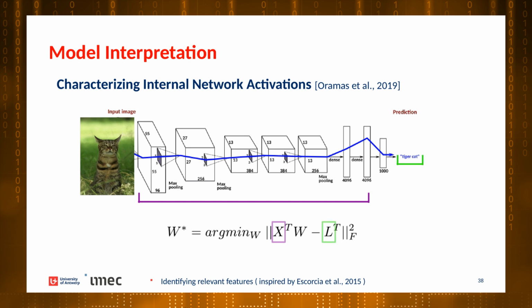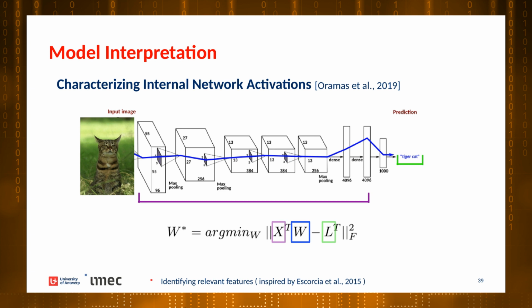L is the actual prediction that the model makes. And the idea is that we want to identify relationships between these two, between the activations inside the model and the prediction. And we do that by learning this set of weights, which will give a weight to every internal activation. And that means that higher weights will represent more relevance, more importance towards the prediction.